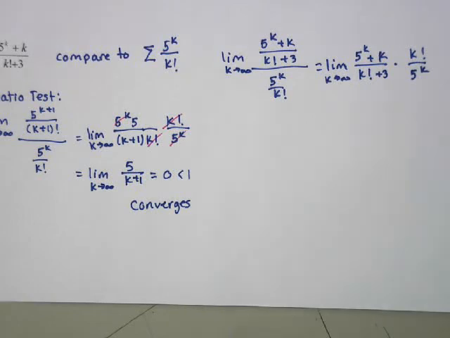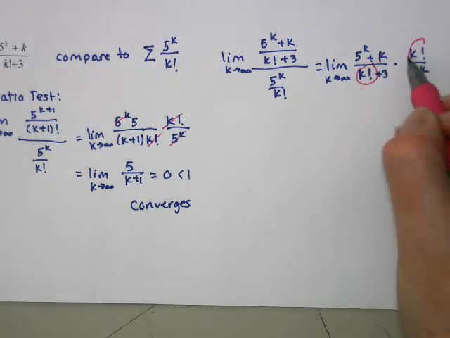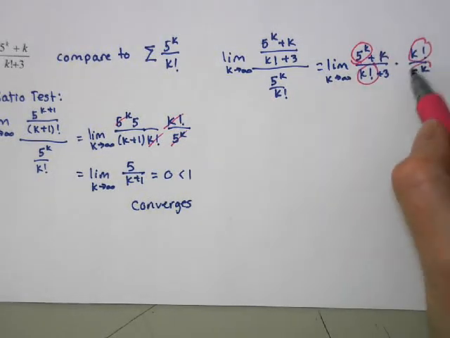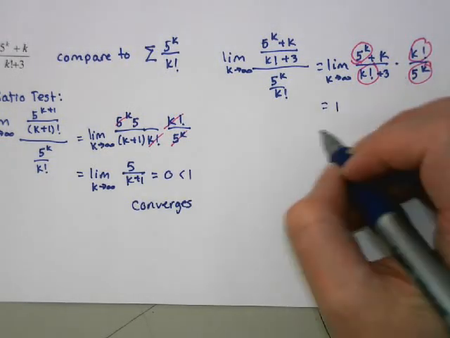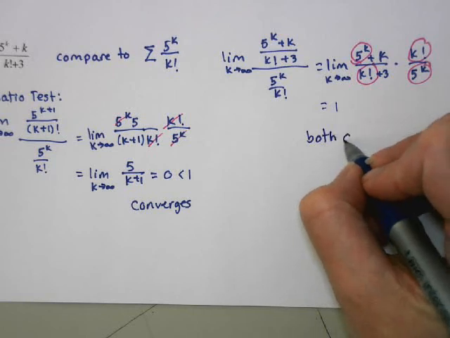Okay, well really what's going to take over is the fact that we've got a factorial on the top, factorial on the bottom, 5 to the k on the top, 5 to the k on the bottom. These two will have very little impact. So this limit is going to be 1, which means they both converge.